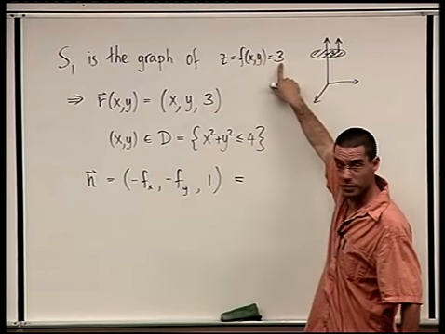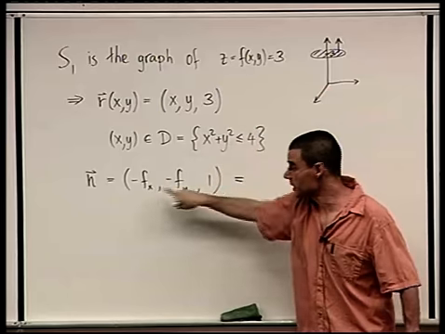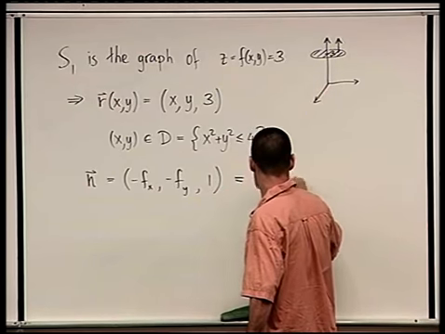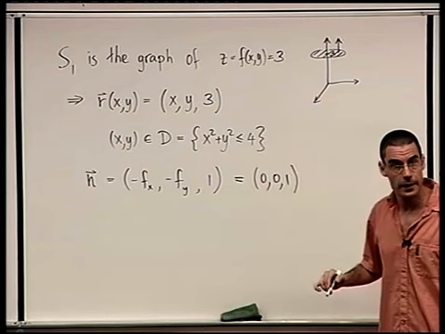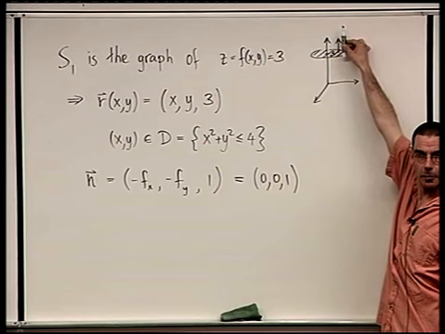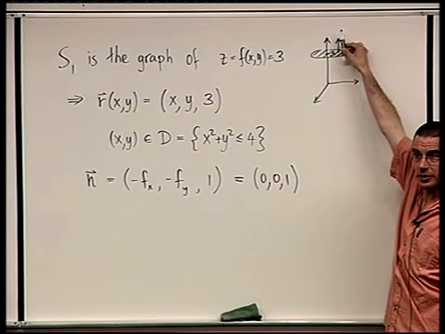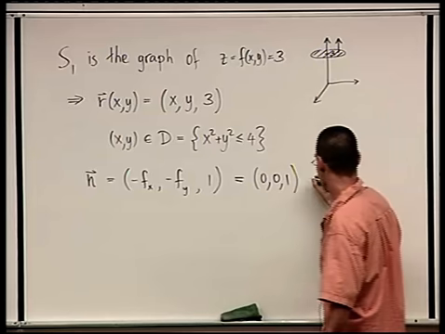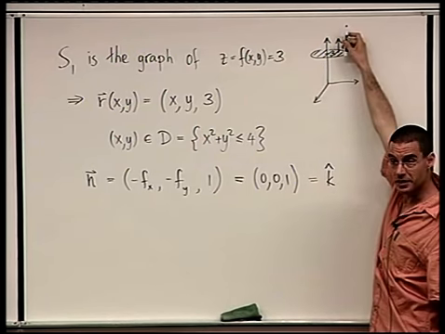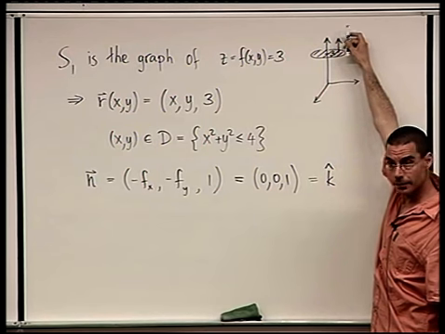F is just the constant function 3, so its derivatives are zeros. The normal is just 0, 0, 1. Do you agree? That, of course, fits the picture. The normal is pointing in the direction of the z-axis. It's k itself. Does everybody see that? Good?